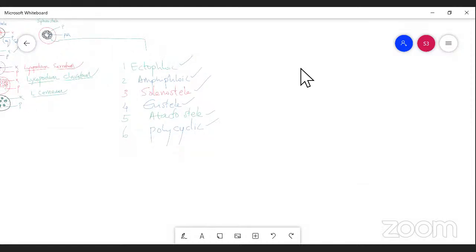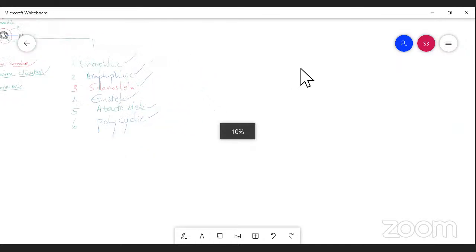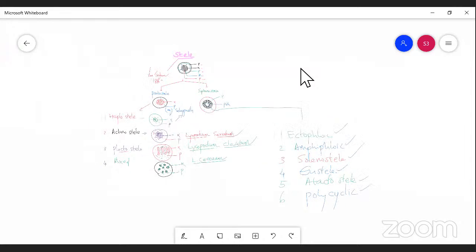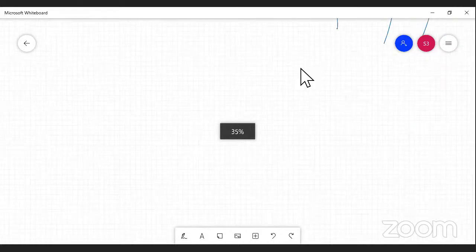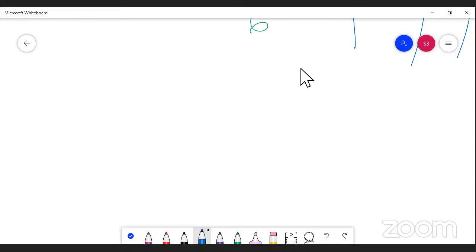First of all, let me take ectophloic stele. Actually, ectophloic stele, as the name indicates, ectophloic. Now, this is a stele in which xylem lies at the center.